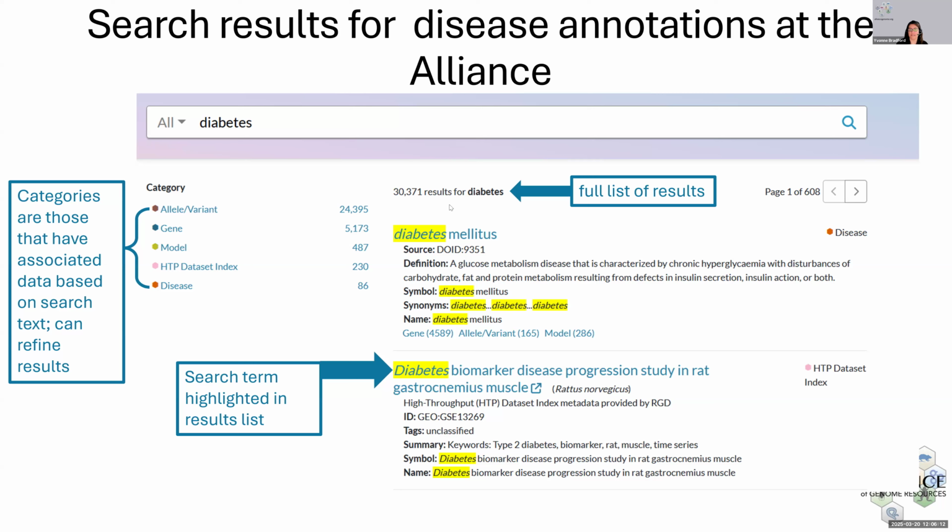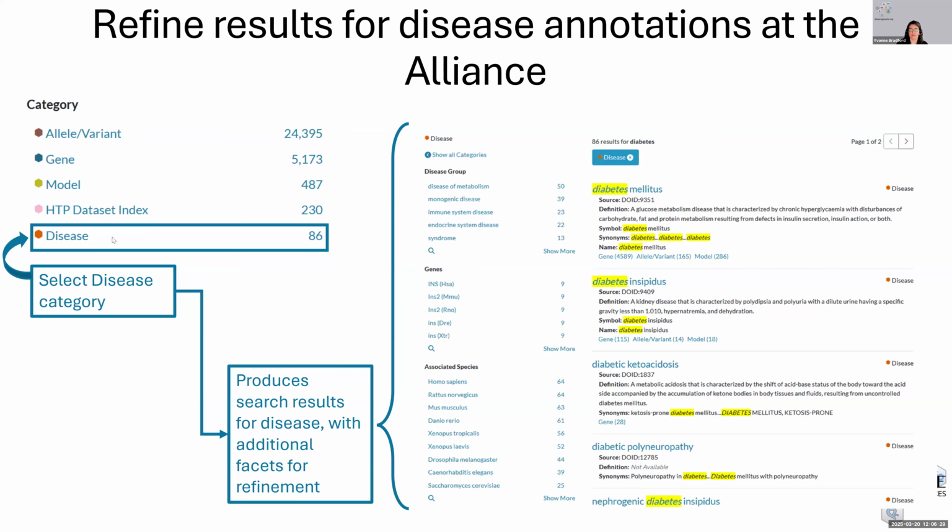Here at the top, you can see the full number of results for that input string. And that text is highlighted in the results, showing you why that particular result was returned. And we're going to pick the disease category to do some filtering here. And that produces a new search result for that disease with additional facets for refinement.